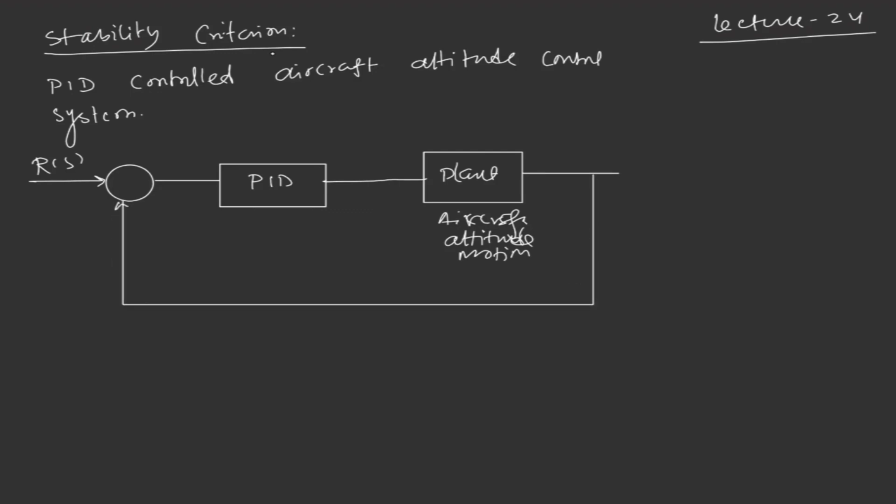This is the feedback loop, and in the plant we had 1 upon I s squared, the plant transfer function, and the transfer function for PID control we know: Kp plus Kds plus Ki by s.